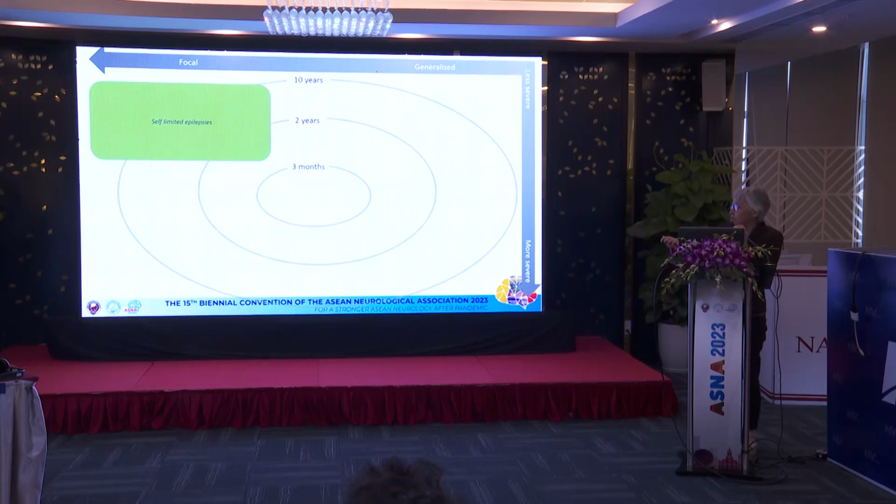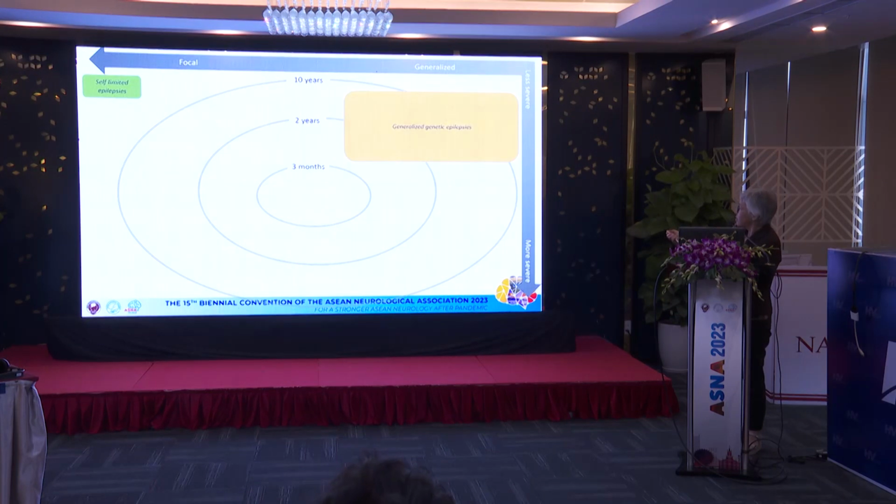To talk about self-limited epilepsy, you need to have all the criteria: the age, the seizure type, and the EEG. You cannot have self-limited epilepsy because you had a few focal seizures and then nothing, and a normal EEG. This is focal seizure. This is not self-limited epilepsy. Okay, this is really important.